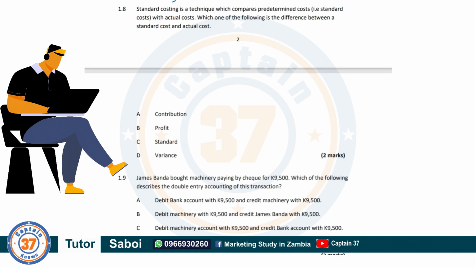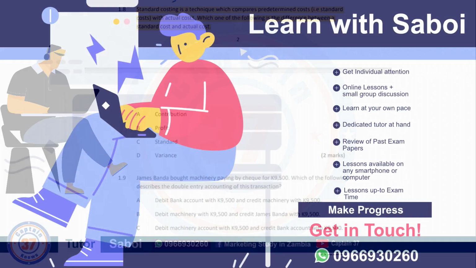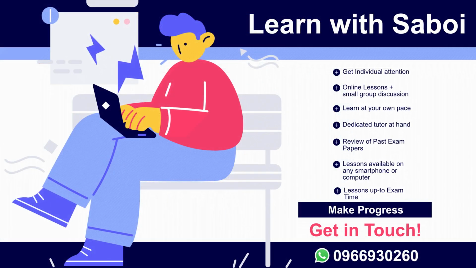Question number 8. Standard costing is a technique which compares predetermined costs, that is, standard costs, with actual costs. Which one of the following is the difference between a standard cost and an actual cost? Is it A, contribution?